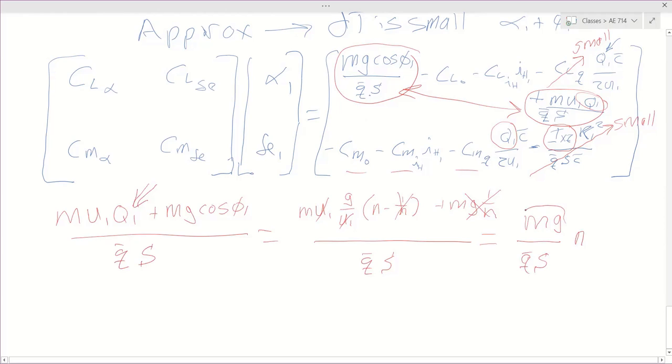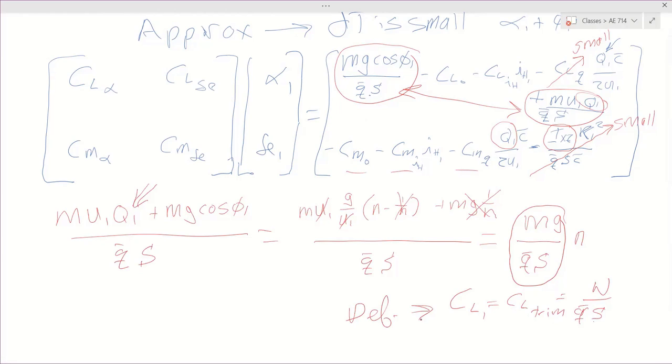And this is just CL1, or CL trim for level flight. Weight divided by q bar s. So he defines this. That's just the lift coefficient you would need if you were not doing a turn, if you were just doing level cruise flight.